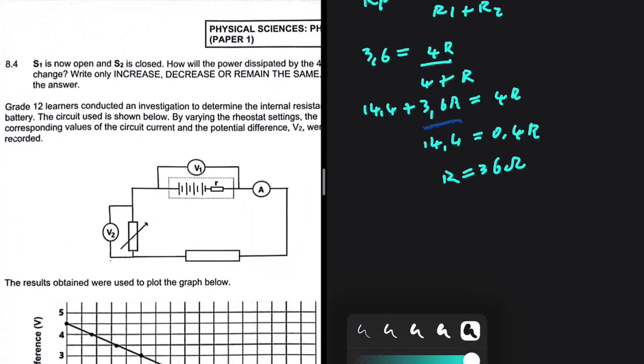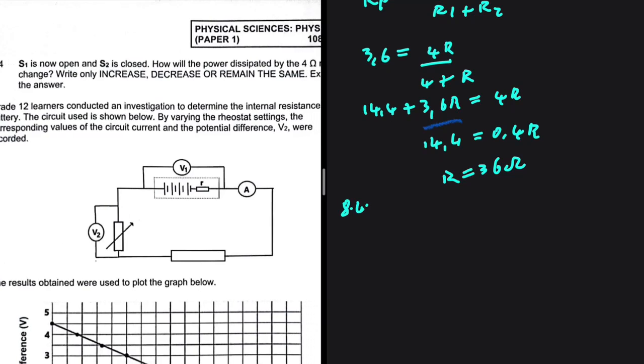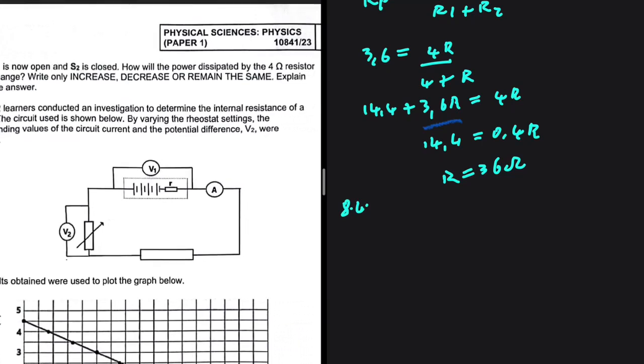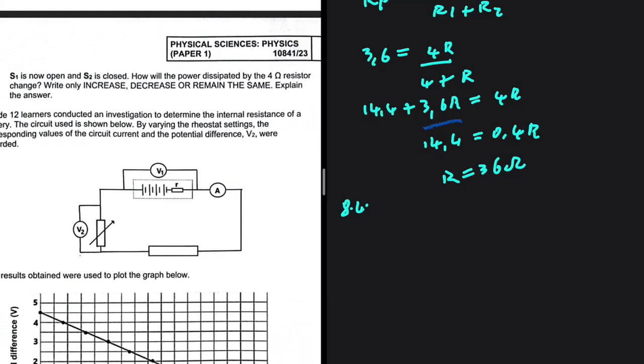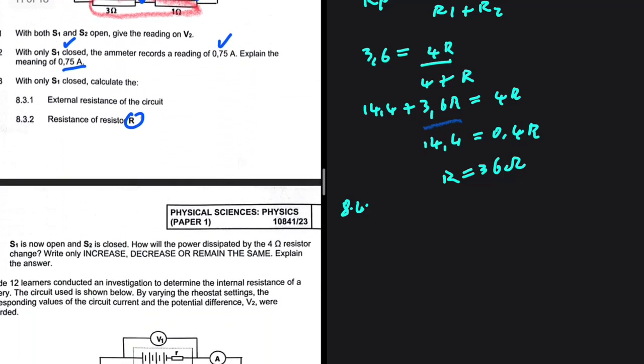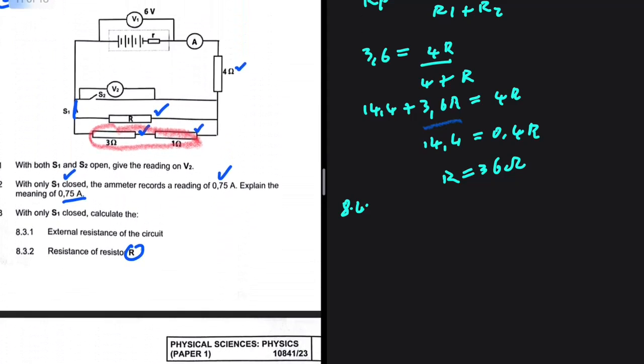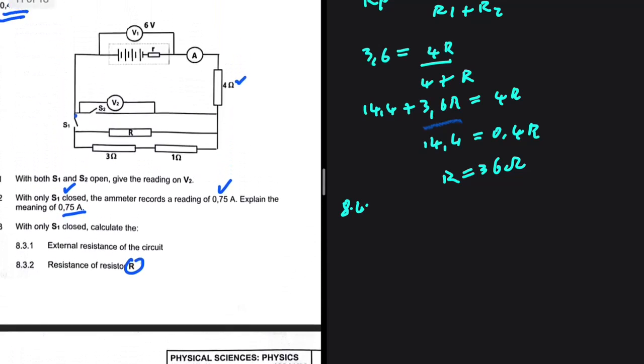8.4. So in 8.4, they're saying that S1 is now open and S2 is closed. How will the power dissipated by the 4 ohm resistor change? Right, only increase, decrease, or remain the same? Explain the answer. So S1 is now open. Let's go ahead and show that S1 is open and S2 is now closed.